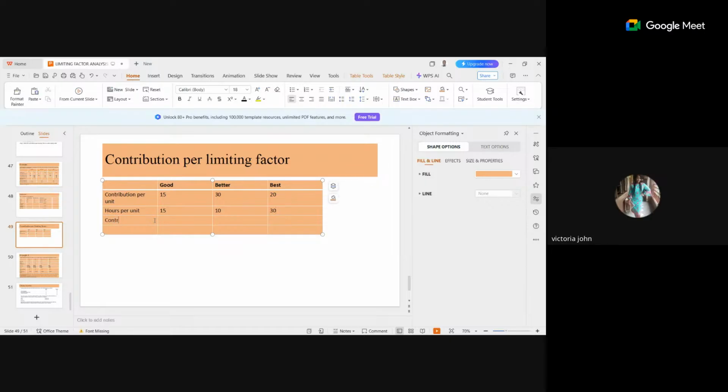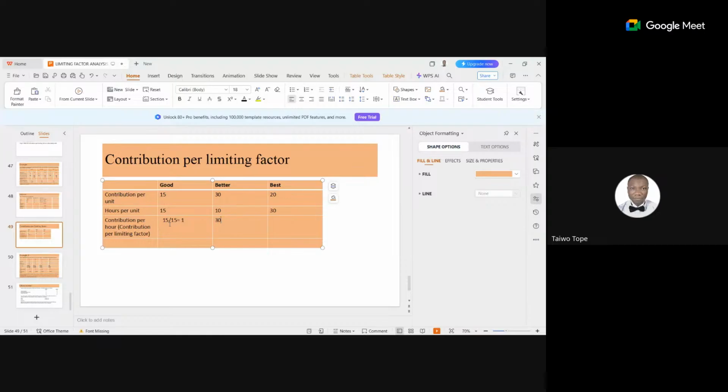So the contribution per hour, let me put it in brackets, can be contribution per limiting factor. For this, 15 divided by 15 equals 1.